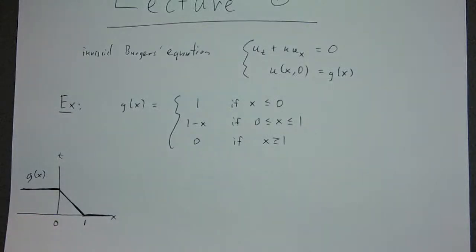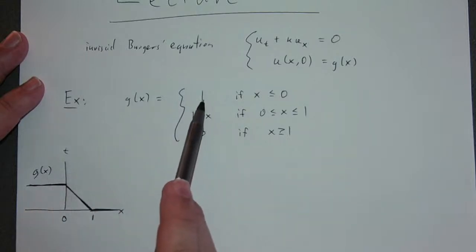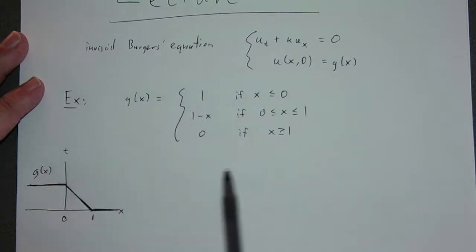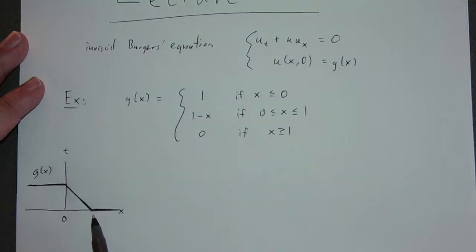So what should this look like? Since g is constant here, the slopes of any characteristics drawn for values of x less than or equal to 0 are going to be constant, having slope 1. And the characteristics for x greater than or equal to 1 are going to have slope 0.